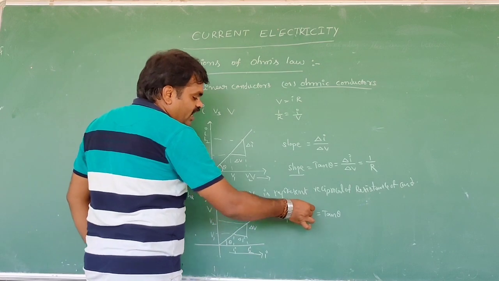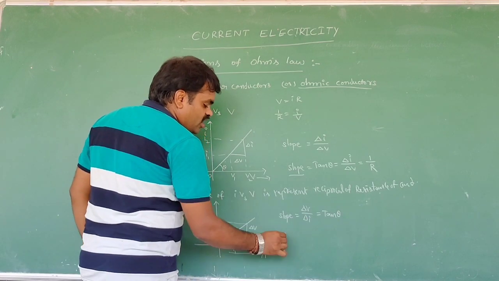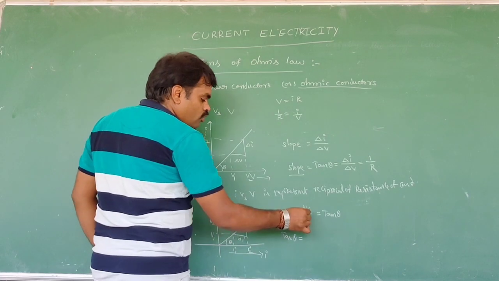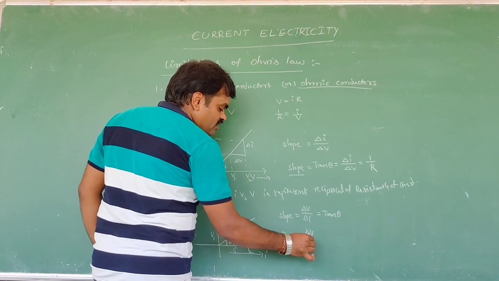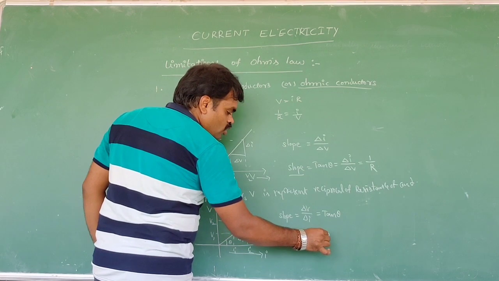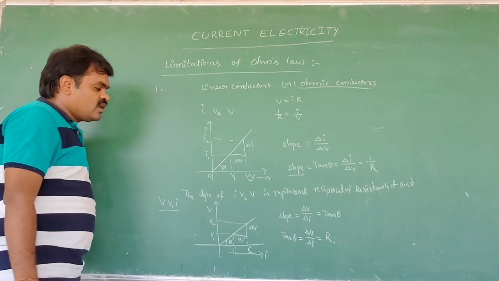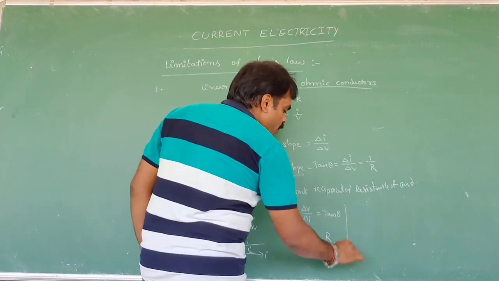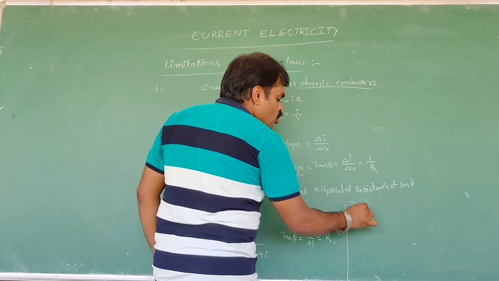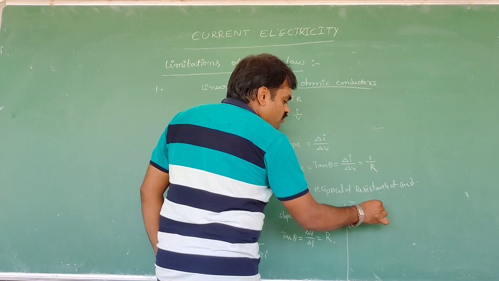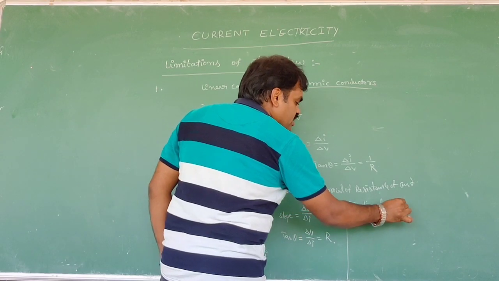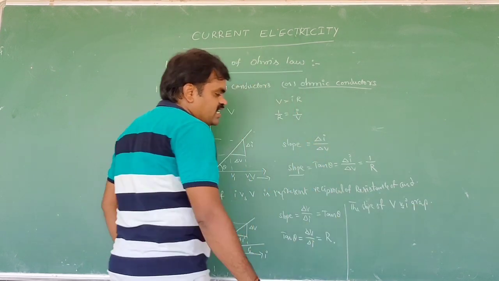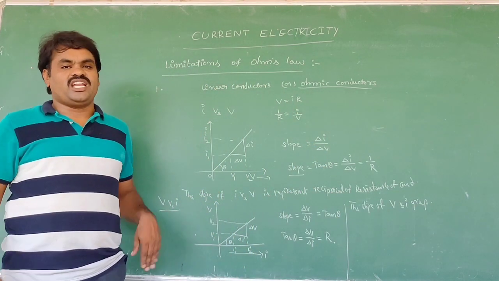Then delta V by delta I is equal to tan theta, that must be equal to resistance. Here the slope of the V versus I graph represents the resistance of the conductor.